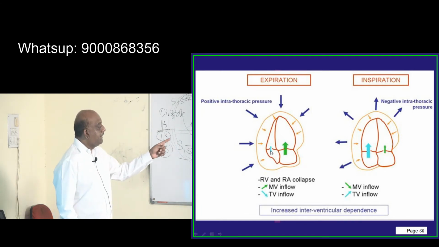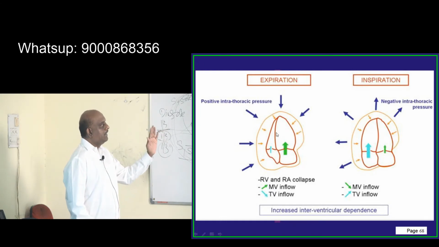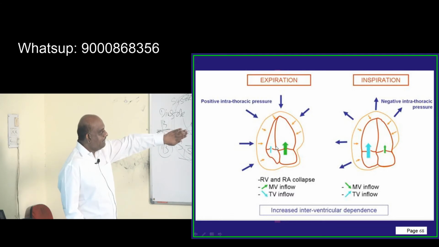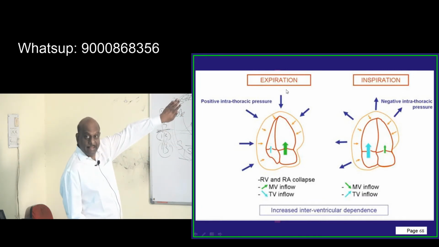That is the reason if the RA and RV got collapsed, the blood cannot flow across the tricuspid valve. That's the reason the tricuspid valve inflow becomes diminished. But at the same time, the interventricular septum is there, right? That becomes deviated towards the right, and the left side mitral valve flow becomes increased.